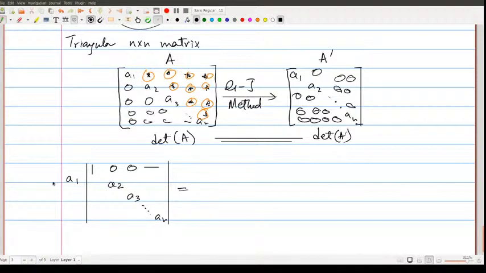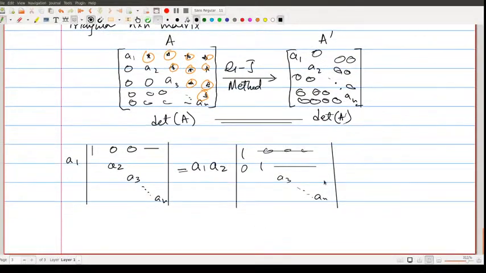I can repeat the same process for A2 again. I can factor out A2, and that will make the second row 0, 1, and then all zeros. So if you can see what's happening, I'm slowly factoring out each of the diagonal entries, and I'm converting this matrix into the identity matrix.